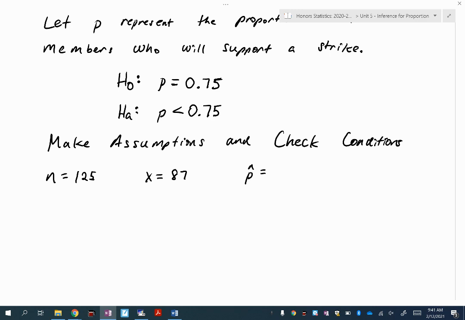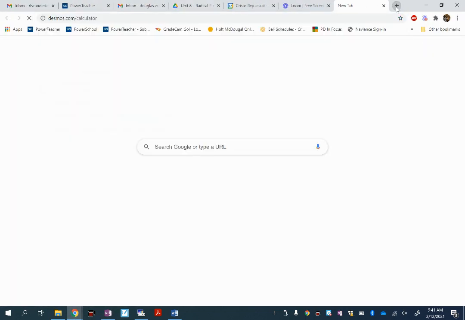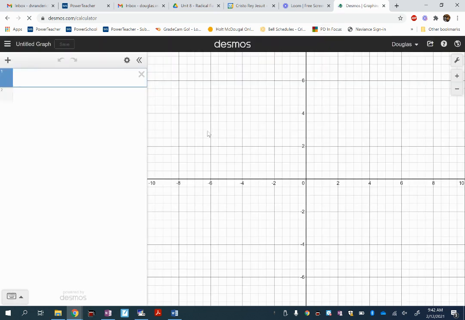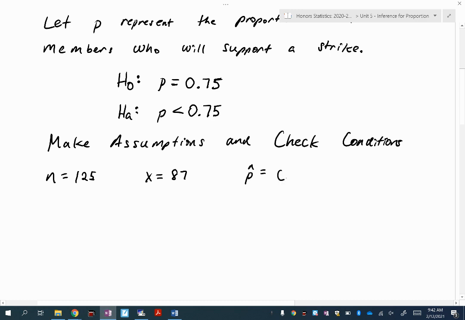You can use your yellow calculator since you're in here and divide 87 over 125. Okay, 87 over 125 is 0.696. So that is called our sample proportion, p hat.